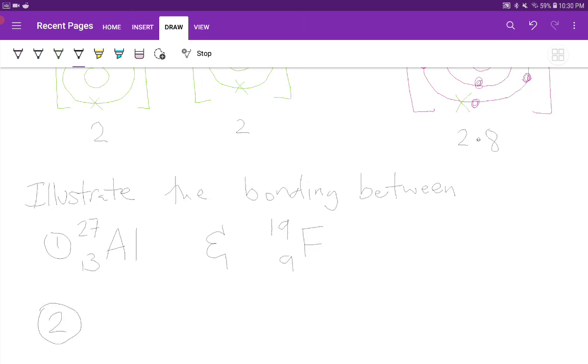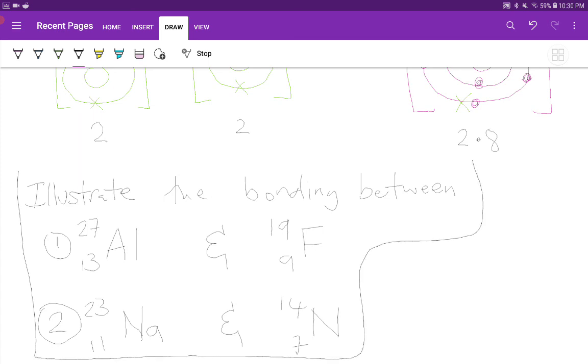And also, I'd love if you guys would try this one, the bonding between sodium and nitrogen. Okay, so try these two questions to test your understanding.